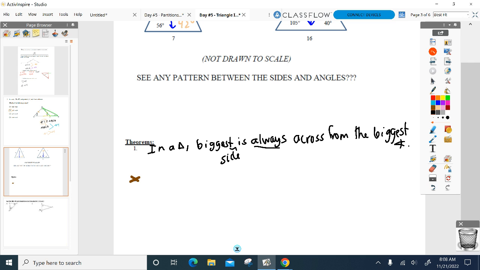All right. Biggest side across from biggest angle in any triangle.